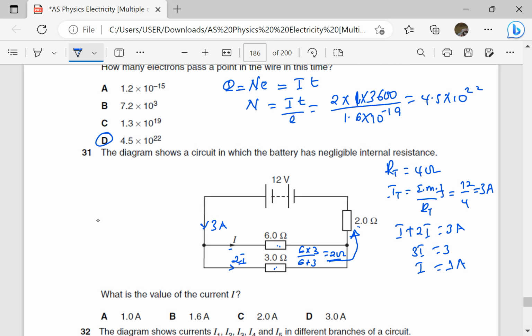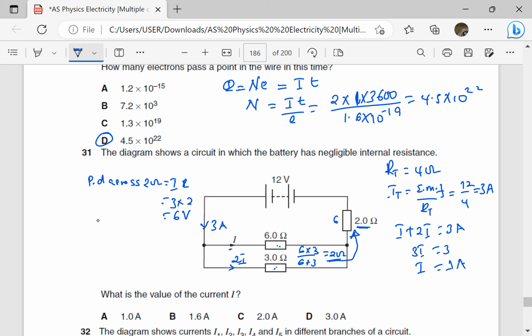Alternatively, I could find the PD across the fixed 2 ohms. The PD across 2 ohms is going to be the current times the resistance. The current going through 2 ohms is 3 times the resistance, which is 2, giving us 6 volts. That is, the PD here is 6.